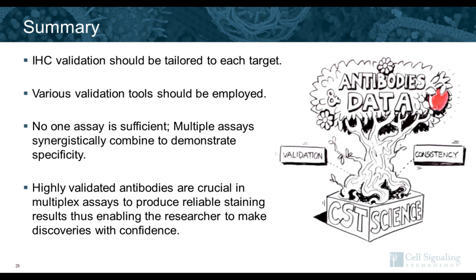Is CST developing validated antibodies for brain cell markers, neuronal, astrocytic, and microglial markers? Yes, we are. We have a whole development team here at CST focused on neuronal markers, and just recently we've come out with a few new products that are recommended for use in IHC and paraffin-embedded tissues.